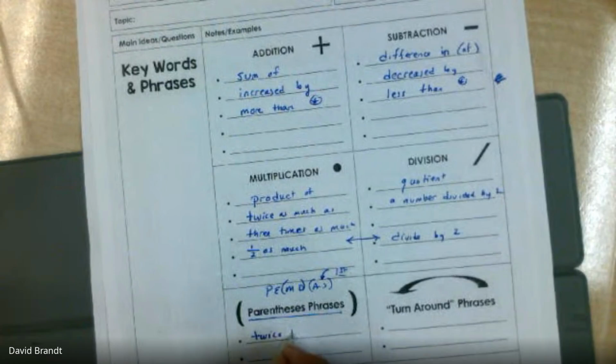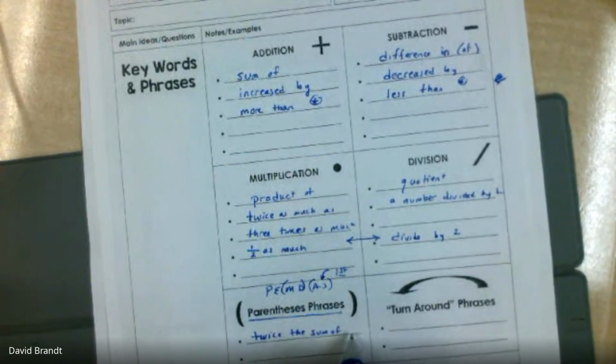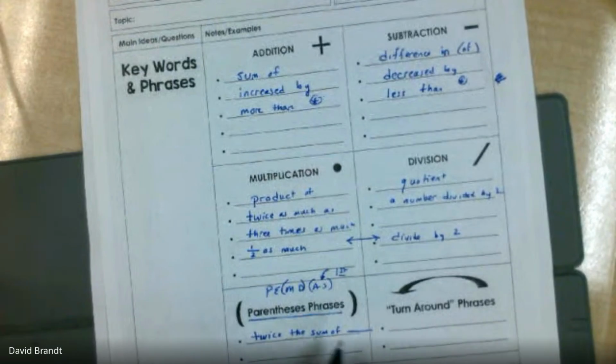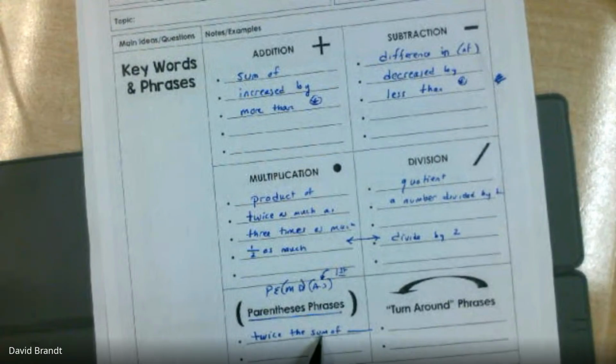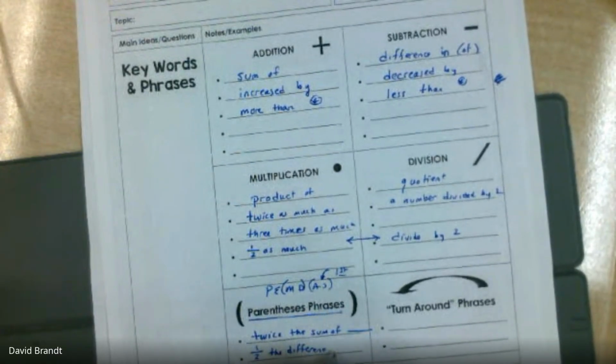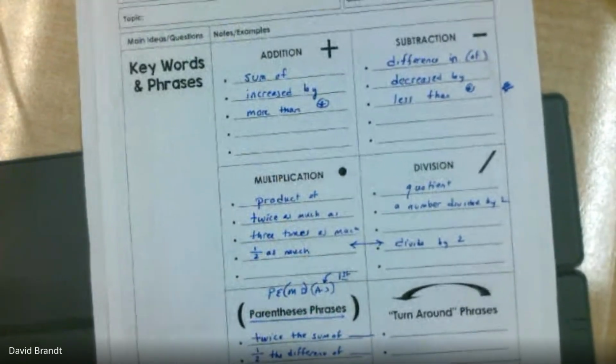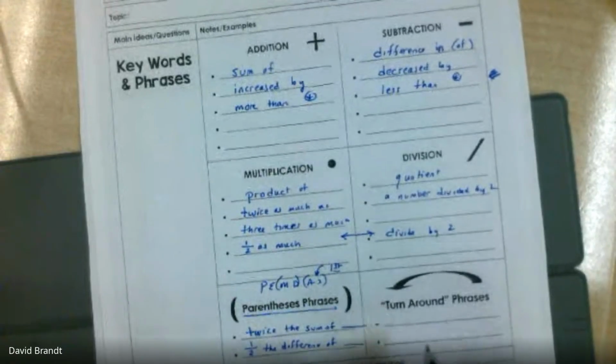Twice the sum of blank and blank. The word sum is closer, so you want to do the sum first. Therefore, you're going to need parentheses. Or half the difference of. That's another example of a phrase where you're going to need parentheses. They come up sometimes.